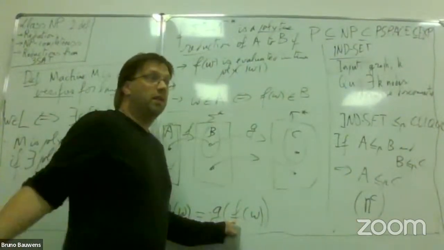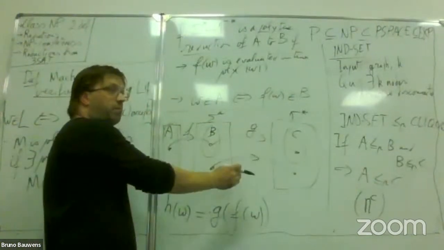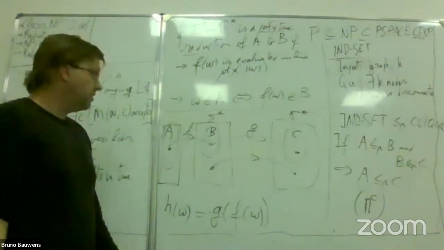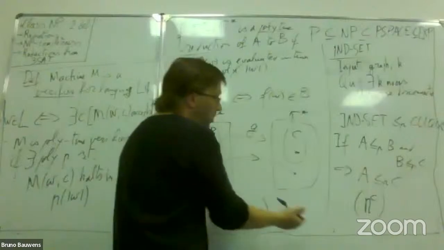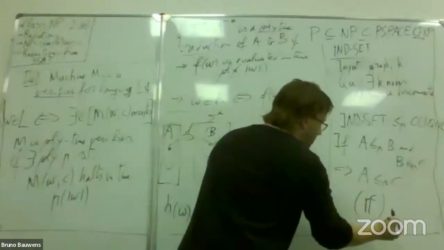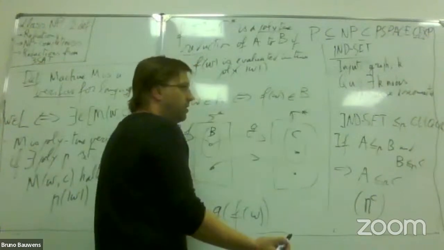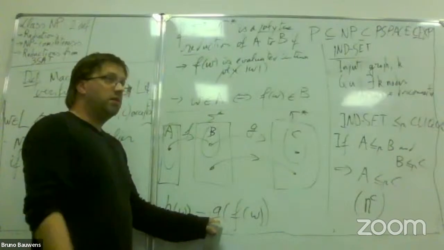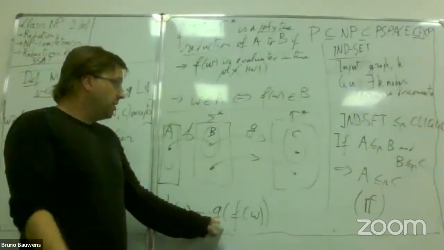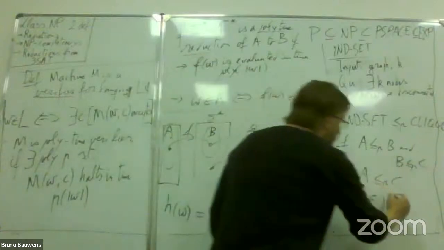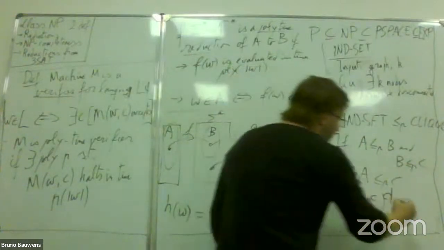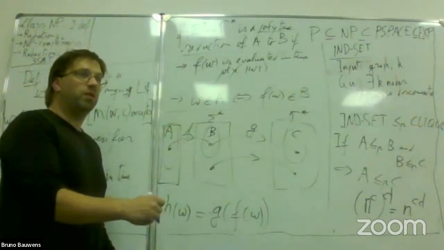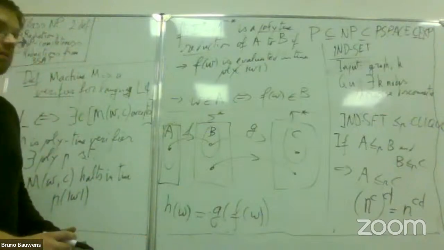A machine making the transformation cannot write more than its runtime. So if G is a machine that runs in input size to the power D, then the runtime of H is n to the power C times D, which is still polynomial since C and D are constants.